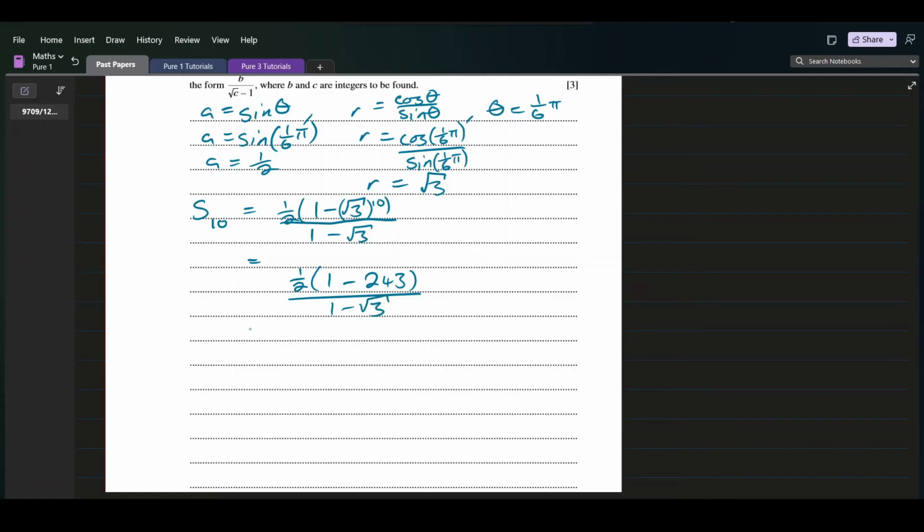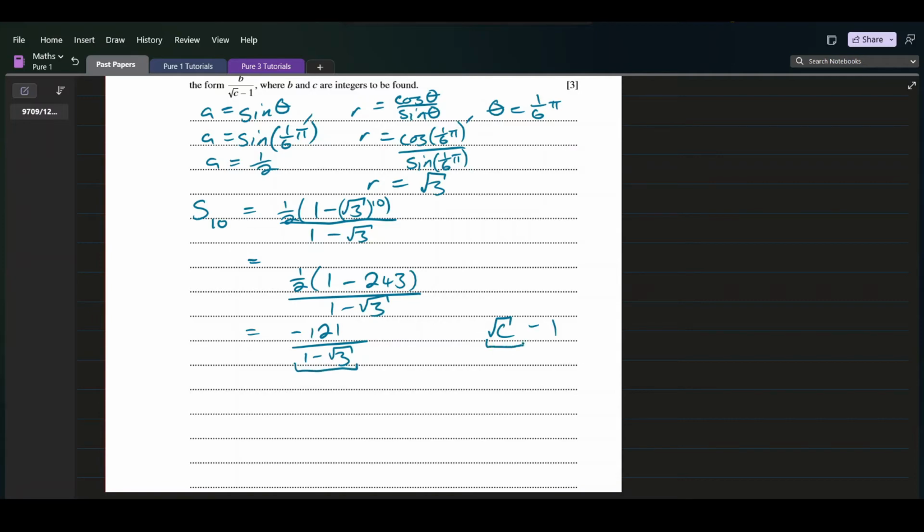If you simplify further, you get half times 1 minus 243. That's negative 121 in the numerator, negative 121 over 1 minus root 3. Now we want to get root c minus 1 in our denominator.